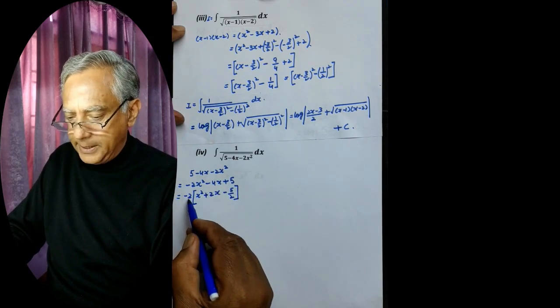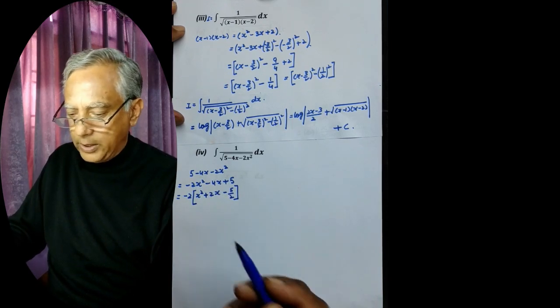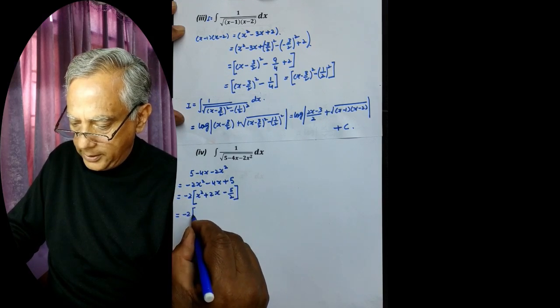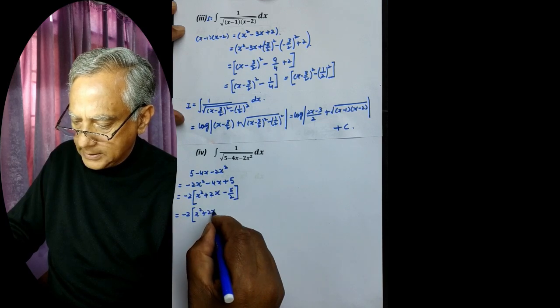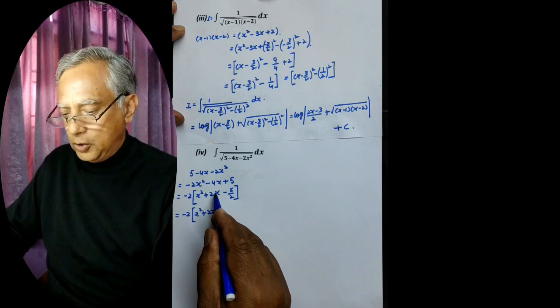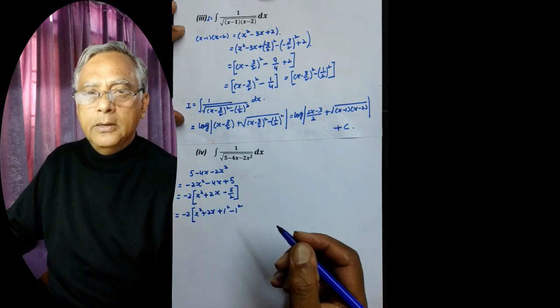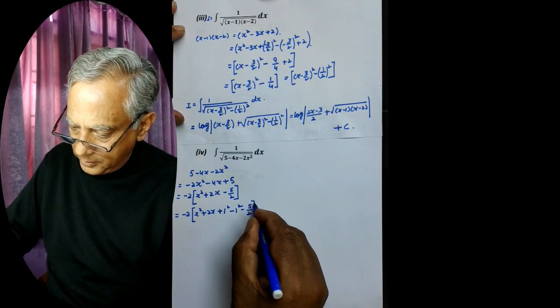Minus 2 has been taken common. So this will be x square plus 2x minus 5 by 2. And this is equal to minus 2 into integral of x square plus 2x plus half the quotient of x. Half the quotient of x is 1. So we will add 1 square and subtract 1 square, minus 5 by 2.